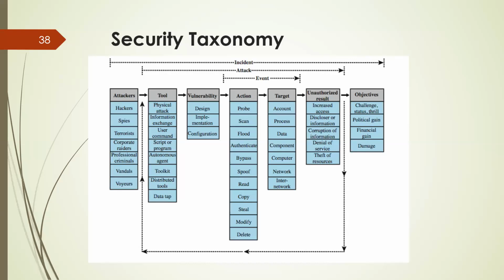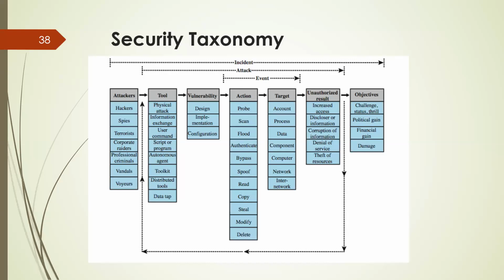We use different kinds of tools to carry out attacks. There are physical attacks, information exchange, user commands, scripting languages, autonomous agents, toolkits, distributed toolkits, and data taps. Different tools can be used. What are the vulnerabilities?